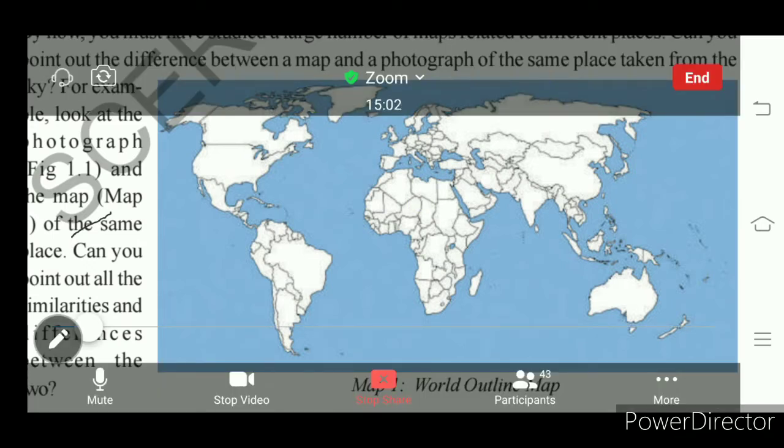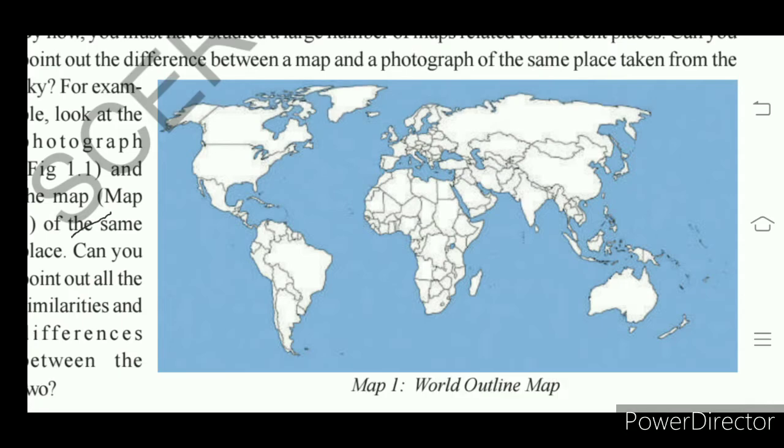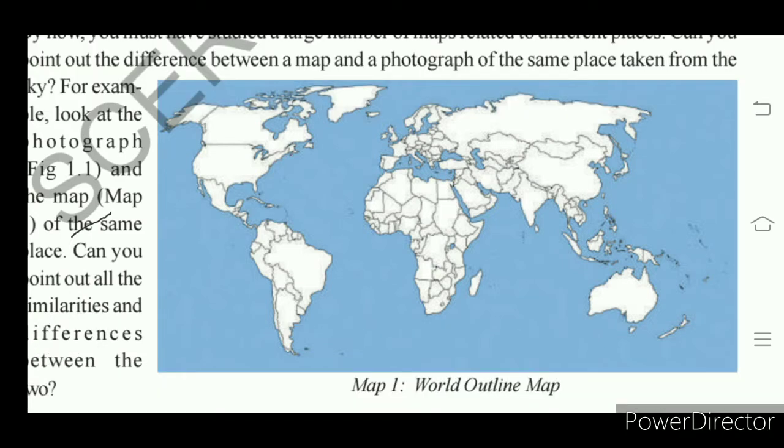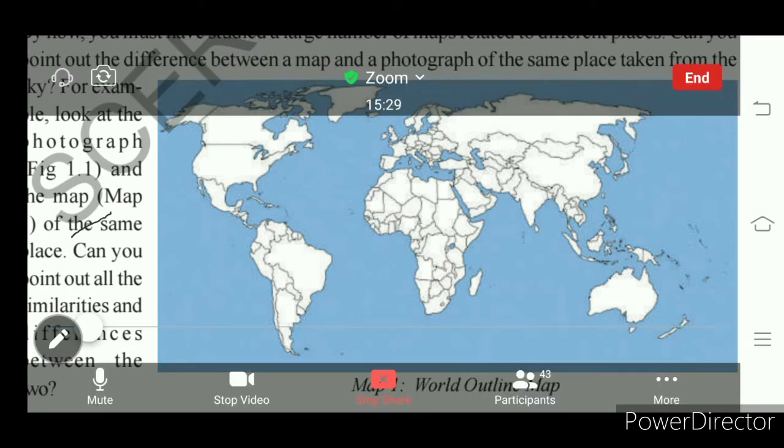So in this world map, we find oceans, continents, and countries in some continents, right? Because we want to study the countries' boundaries in all the continents, the map maker has presented countries and their boundaries in the continents.